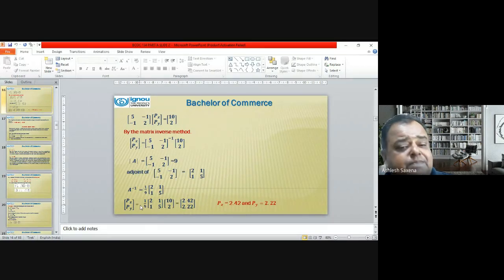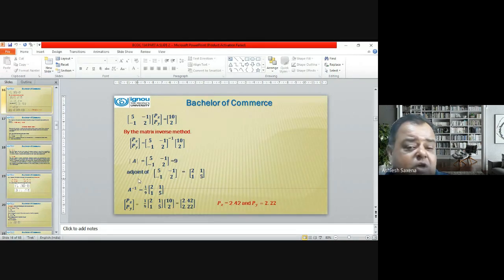For finding the inverse of the matrix, we have to remember a formula: adjoint of A divided by mod of A. We have a matrix of 5, minus 1, minus 1 and 2. First of all we will find its mod value. That means we will be multiplying 5 by 2 minus minus 1 into minus 1, that is 10 minus 1, which is 9.